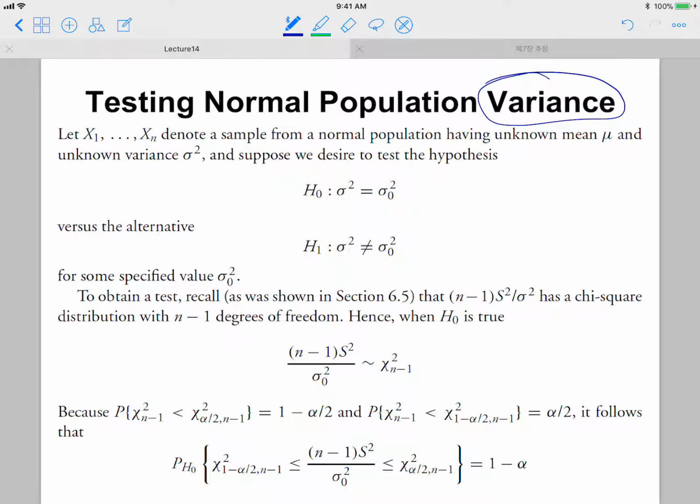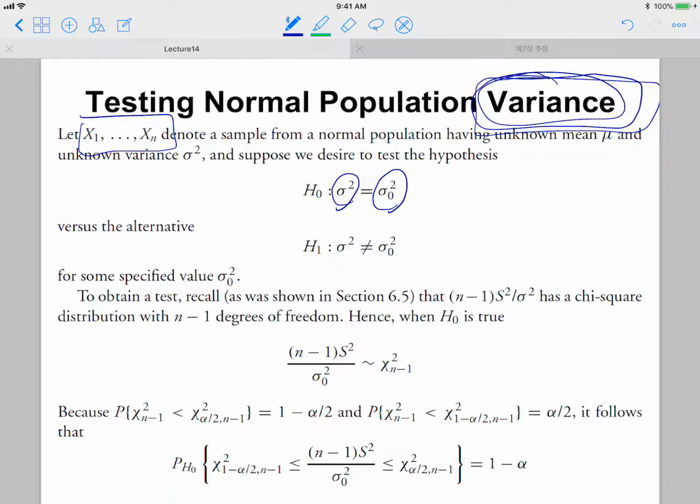But now we are testing about the variance, and we have one population here, and we are interested in whether its variance is actually the same as this known variance.